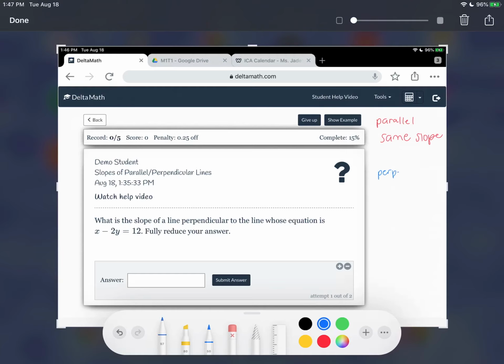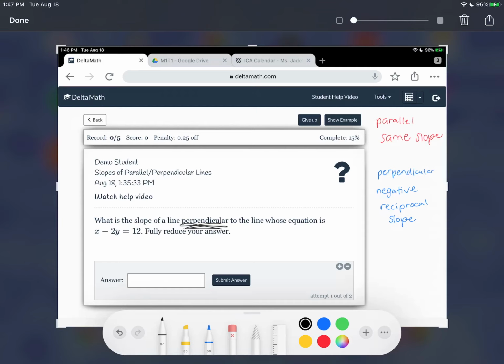Perpendicular lines, they have a negative reciprocal slope. Okay, and so even though this specific question is just asking for perpendicular, I'm going to answer for both so that we can do two examples in one and just have both in the same example.